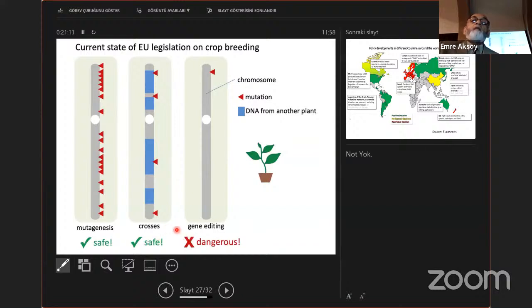But in the case of CRISPR technology, where only gene editing is used, they think it is dangerous, and they are very reluctant to adopt it. So we have to think about what is behind this, and why they don't accept this technology. Actually, there are so many differences. The other technologies are very complicated, but this is a very simple technology, so they will not accept it.